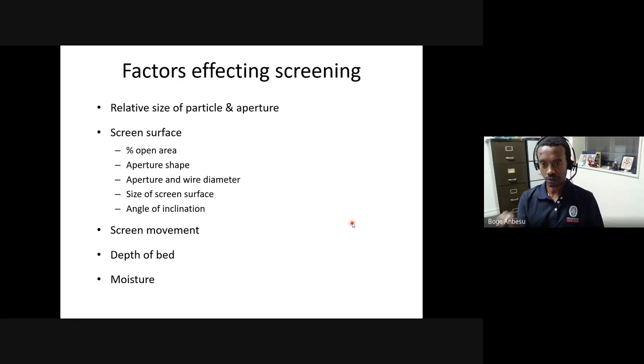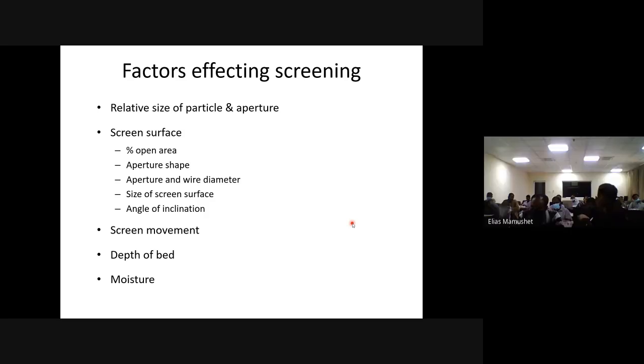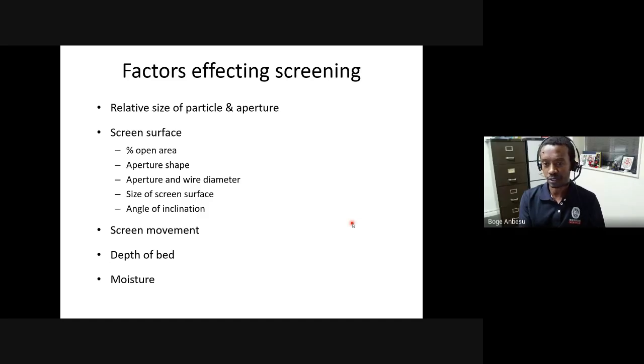In terms of how you operate it, you can operate it in different ways based on the nature of what you're trying to screen. If I have sticky particles, which are difficult to pass through the screen, I operate it differently compared to particles that are segregated from one another and flow easily on the screen surface.